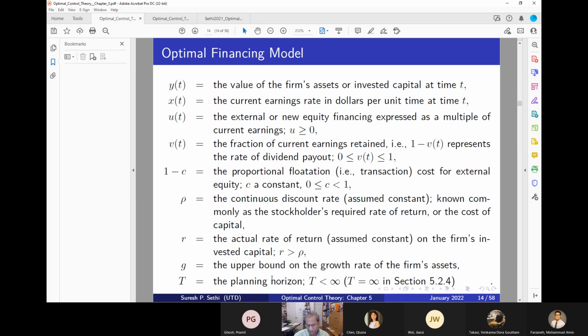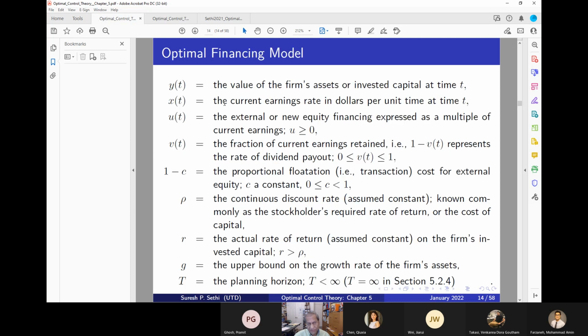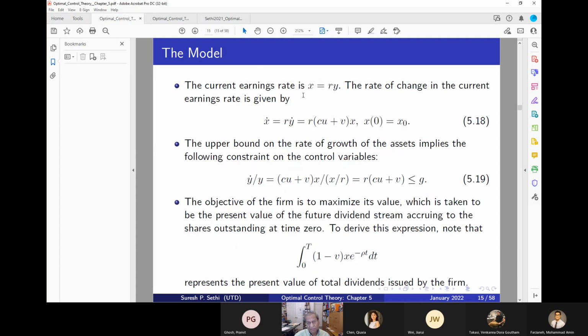T is the planning horizon, and we'll talk about infinite horizon later. So current earnings, which is X, is nothing but R times Y. And the rate of change in the current earnings, which is X dot, because I need a state variable, is X dot equals R times Y dot. But what is Y dot?